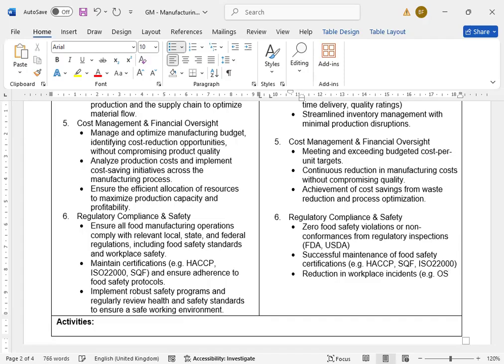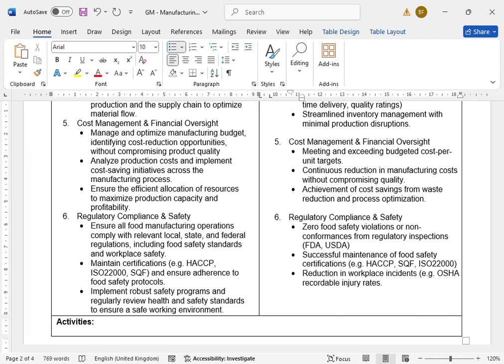You know OSHA? For health and safety regulations, Occupational Safety and Health Administration, recordable injury rates.